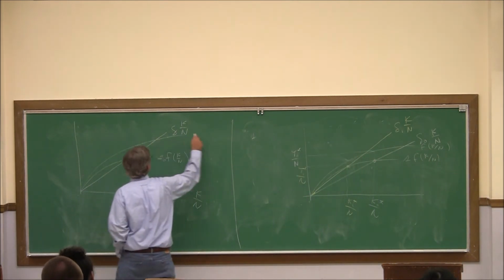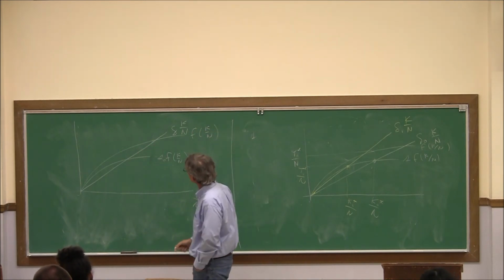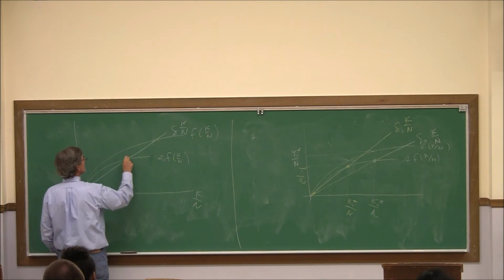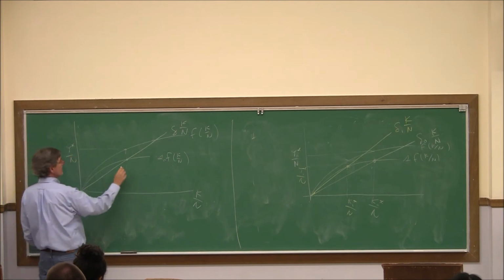And you have F, K over N, output. That's the production function. So you start off with that standard of living.